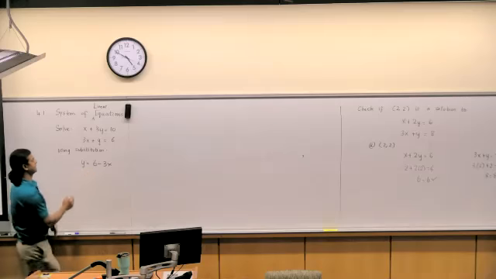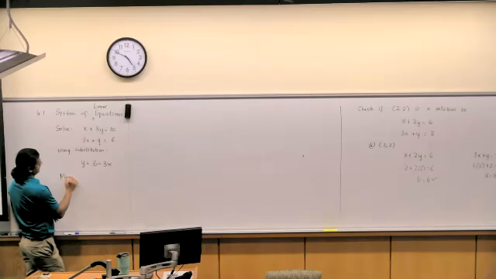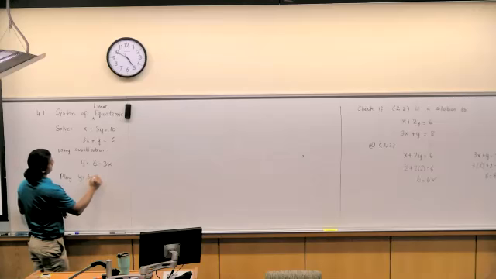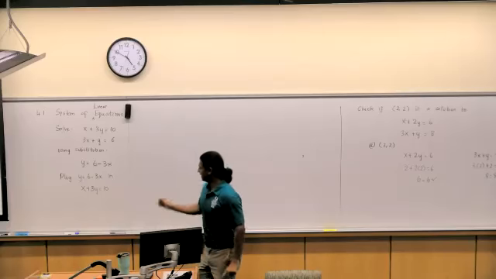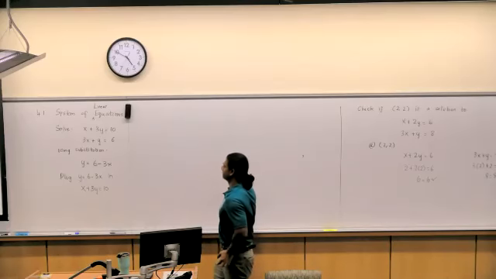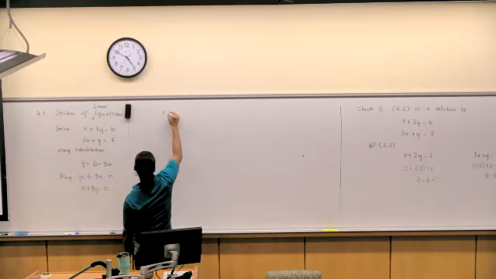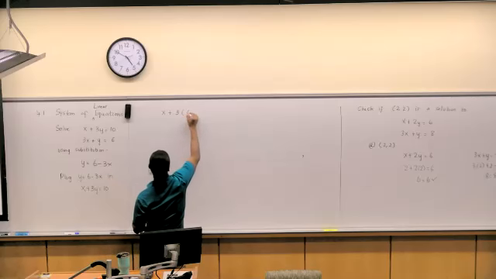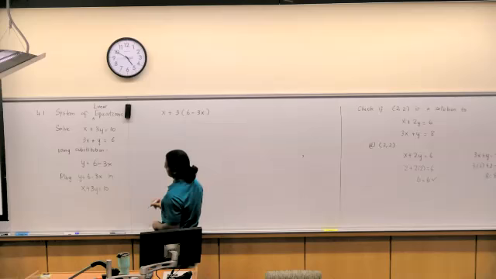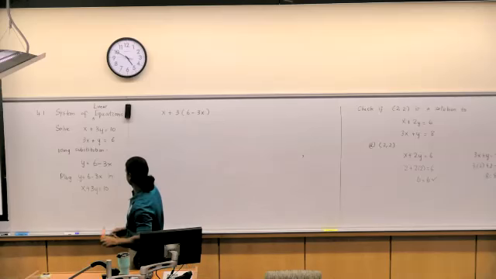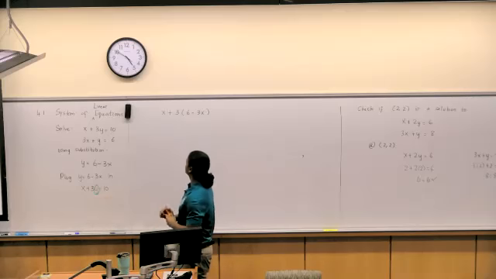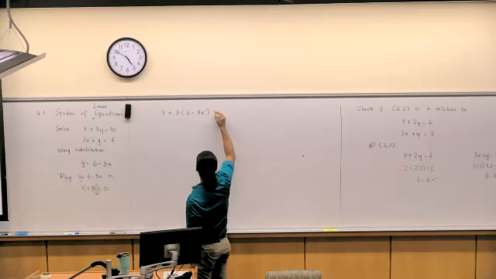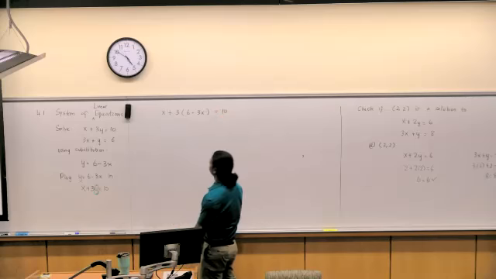I'm going to take that and plug it in x plus 3y equals 10. So x plus 3 times y, which is 6 minus 3x. Plugging in for y, it is best to put it within parentheses, equal to 10.